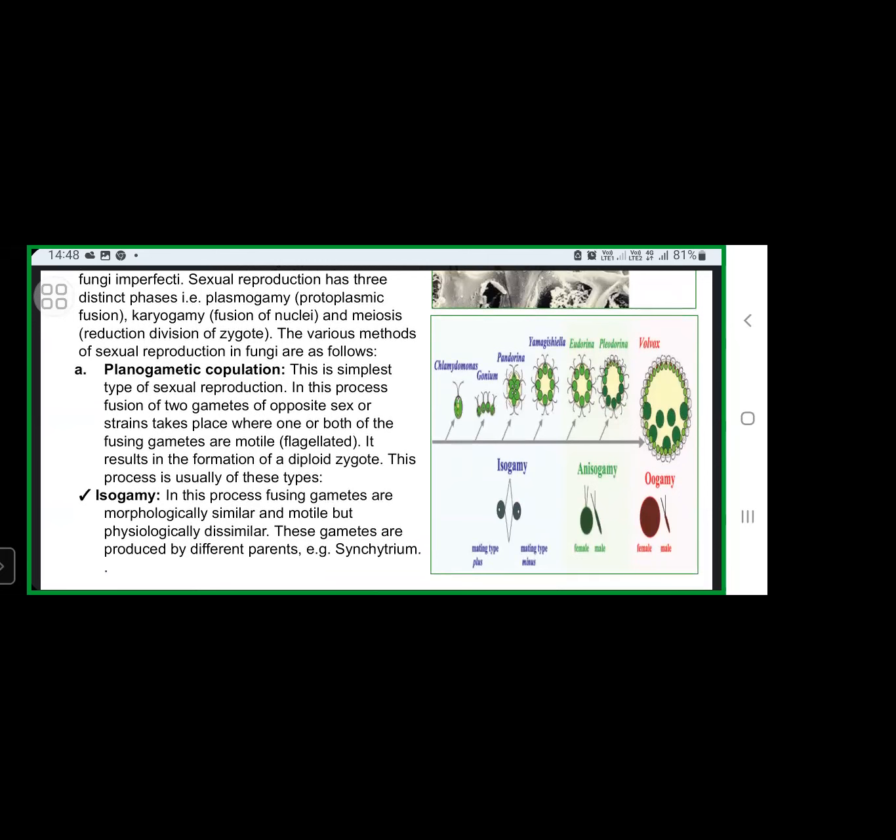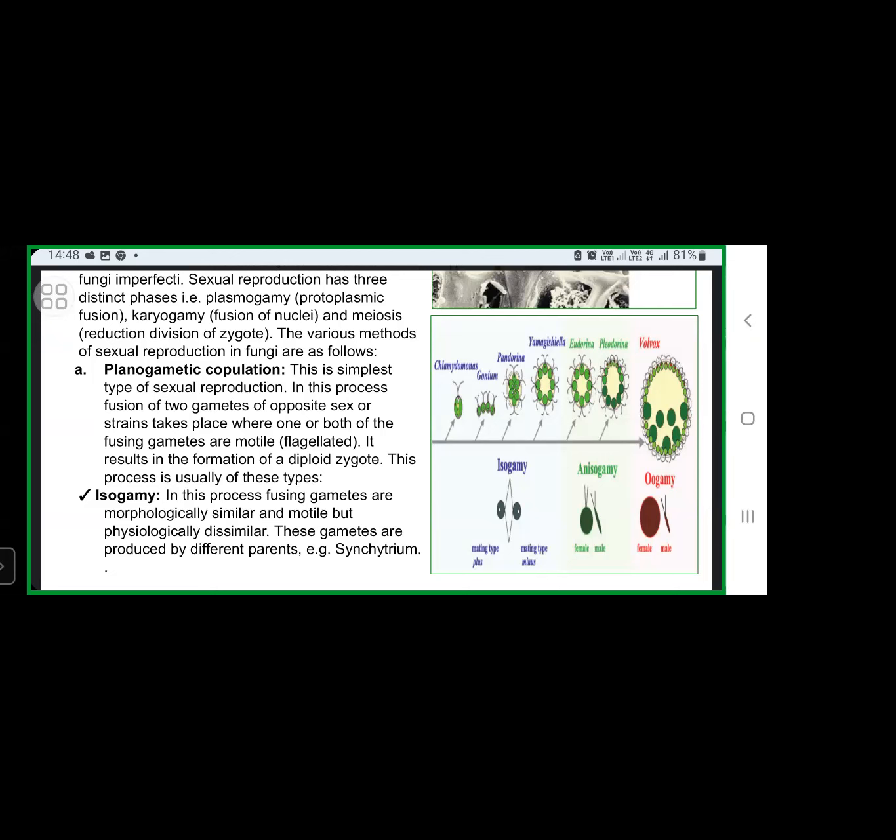Isogamy means the two gametes involved in the fusion are morphologically similar and physiologically also similar. Sometimes they may differ physiologically. That kind of fusion is called isogamous fusion, or simply isogamy.